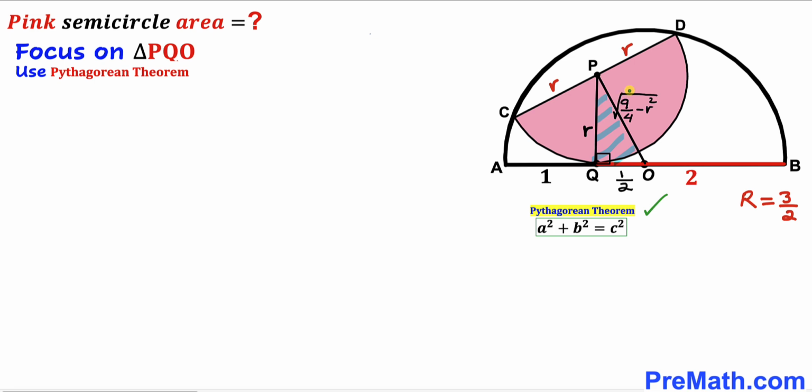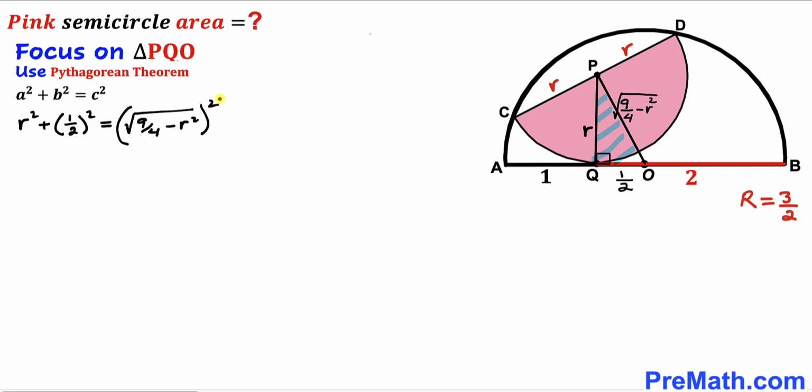And here's our Pythagorean theorem once again: a square plus b square equal to c square. And in our case, our hypotenuse is the square root of 9 divided by 4 minus r square. And our other two legs are 1 divided by 2 and lowercase r. Let's go ahead and fill in the blanks. So we are going to have r square plus 1 divided by 2 whole square equals to the square root of 9 divided by 4 minus r square whole square.